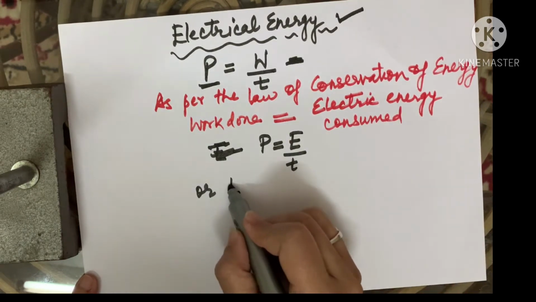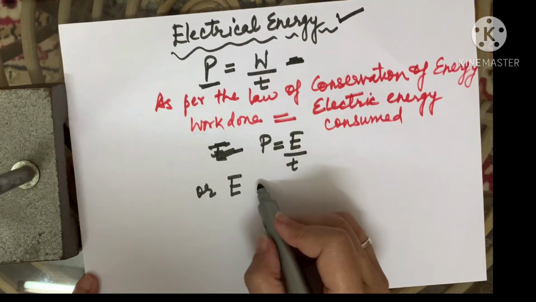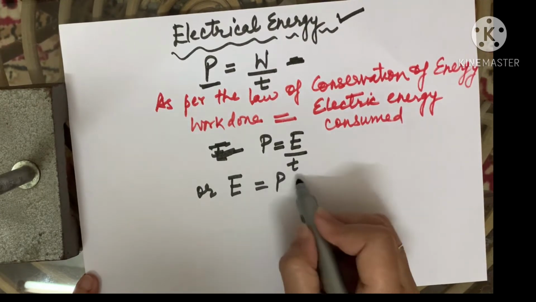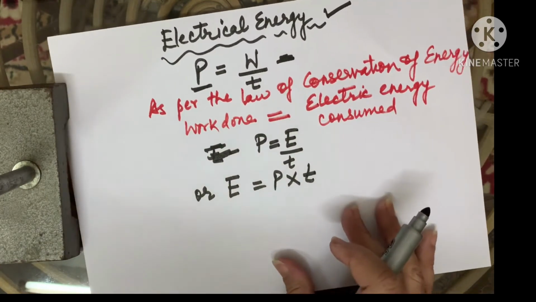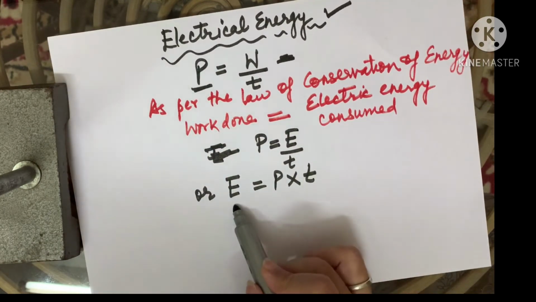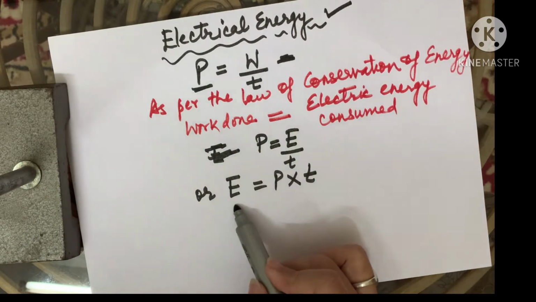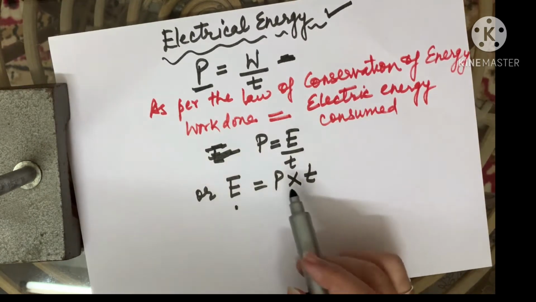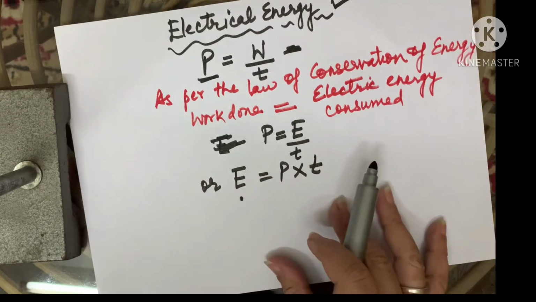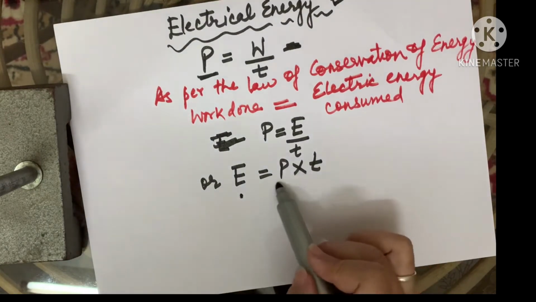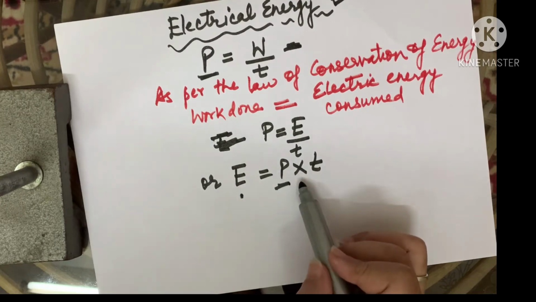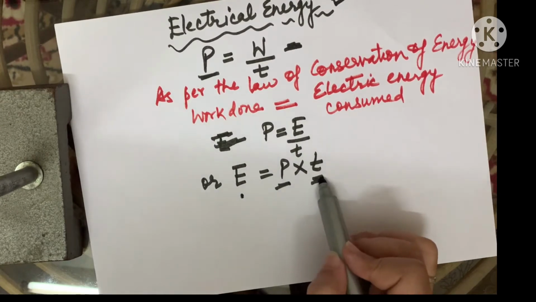The formula for electrical energy will be E is equal to P into T. So electric energy consumed by an electrical appliance is given by the product of its power rating and the time for which it is used.